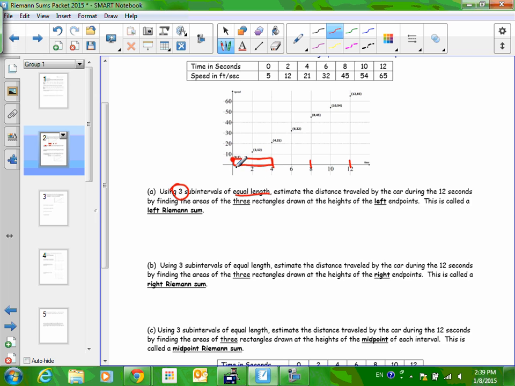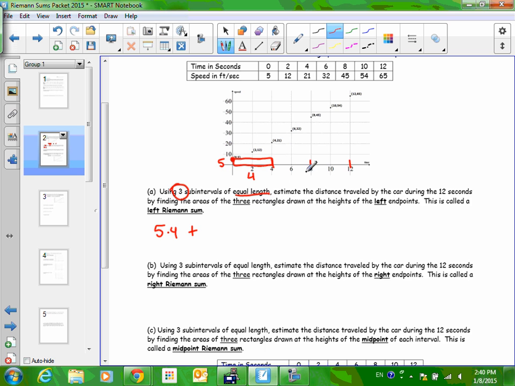We're going to pick 5 for that number, and then the base of this rectangle would be 4. What 5 and 4 represent is 5 is the number I'm going to use for my speed, and 4 is the number I use for how much time has passed. And I'm going to multiply those. We multiplied them in the gorilla problem, and we know for sure when we take the area of a rectangle, we multiply. So 5 times 4. You can go ahead and say that's 20, or you can wait until the end to do the crunching of the numbers.